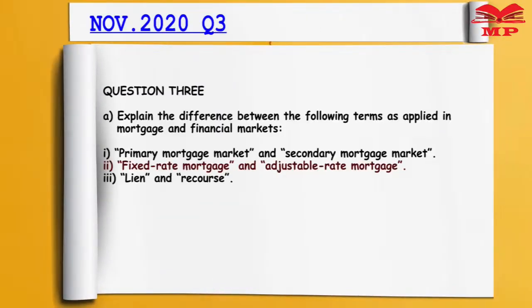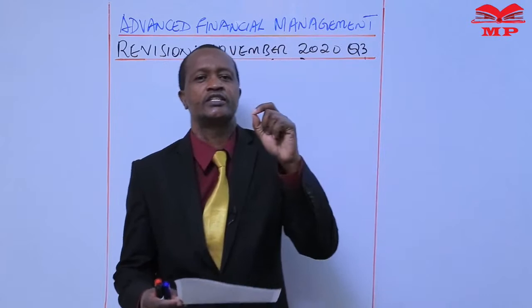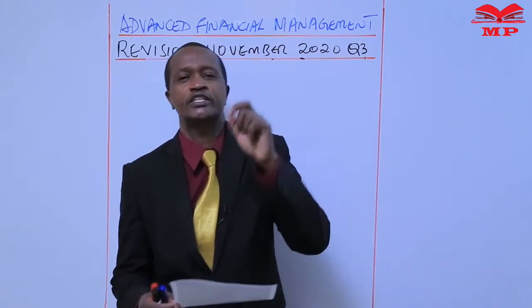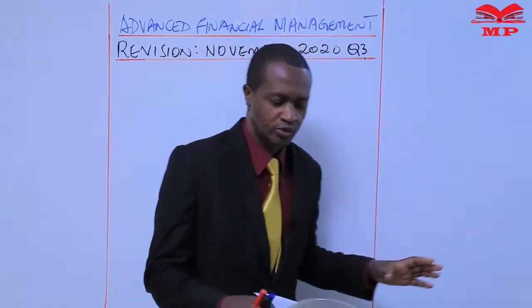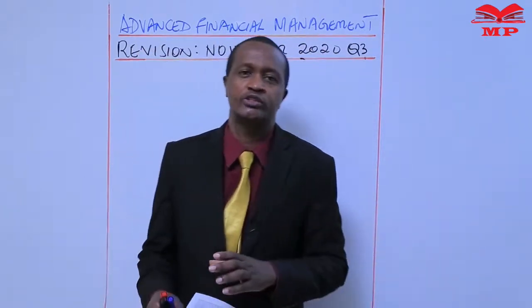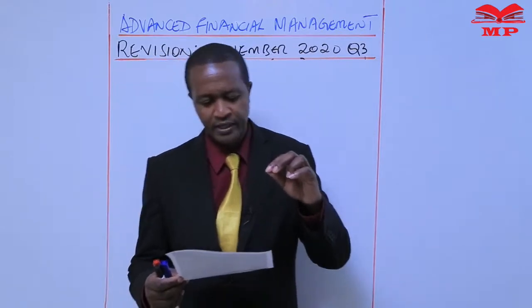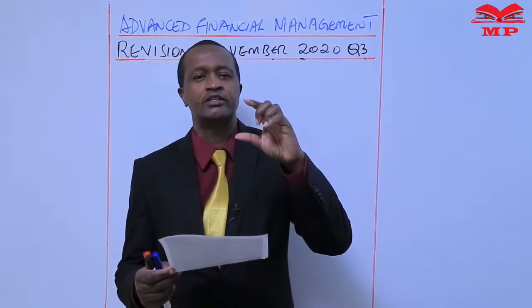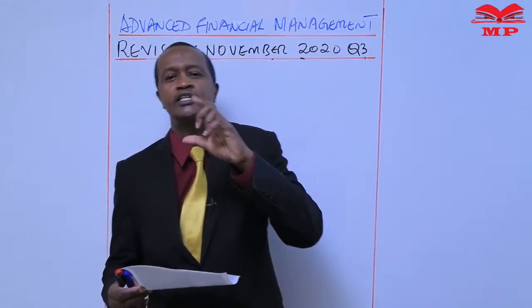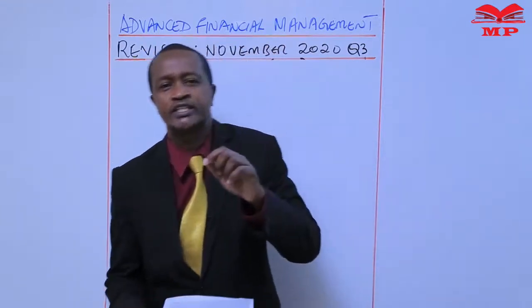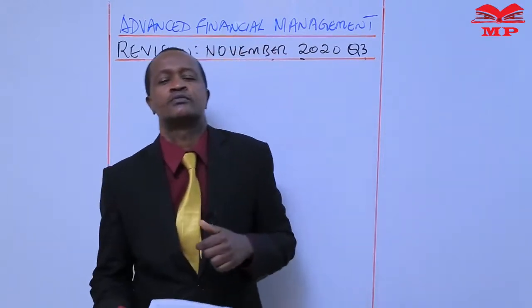Roman 2, fixed rate mortgage and adjustable rate mortgage. A fixed rate mortgage is a mortgage loan for which the interest rate remains constant throughout the term of the loan or the term of the mortgage. Whereas the adjustable rate mortgage is a loan with an interest that changes.